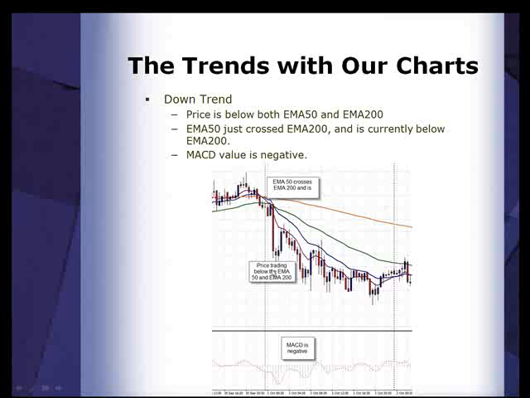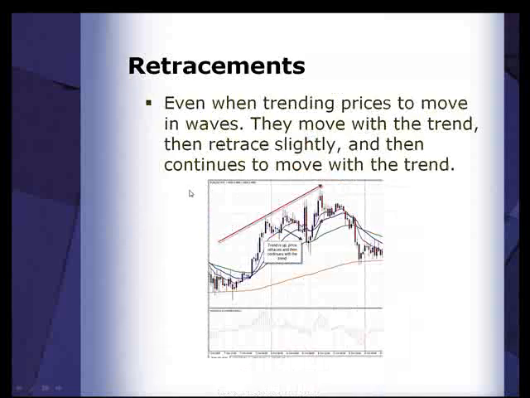We've got the price trading below both the EMA 50 and the EMA 200, and the MACD is negative in value, so we have all of our criteria met, and we are ready to look for entry points at this point in time. Our entry signals will be given with retracements in this particular trading system.